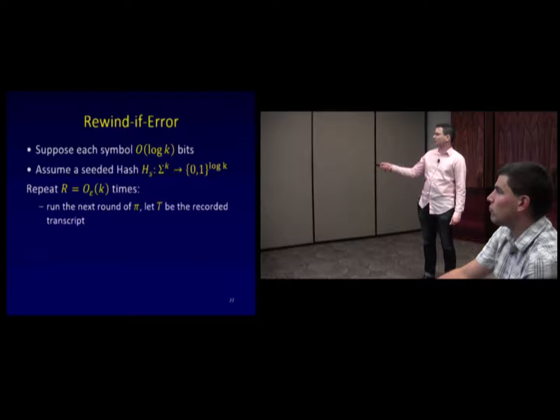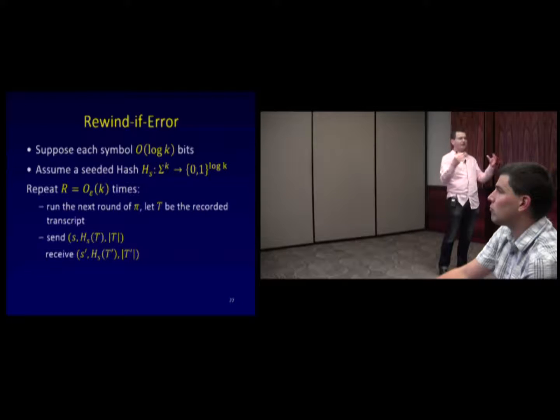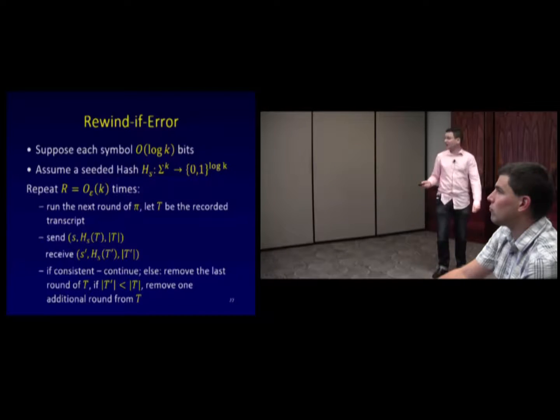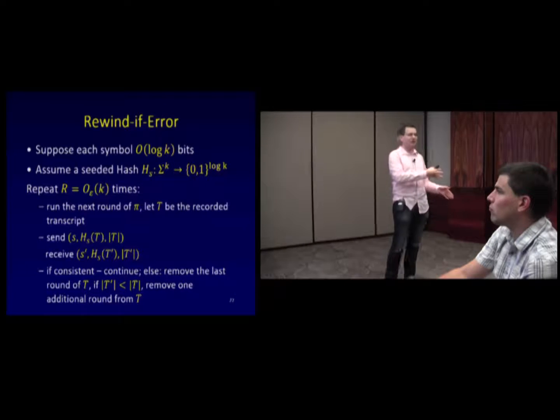We run protocol T and the parties record the transcript. They exchange hashes of their current state, using some hash function, so they tell each other where they stand. If they're consistent, they continue, and if not, they throw out the last round.